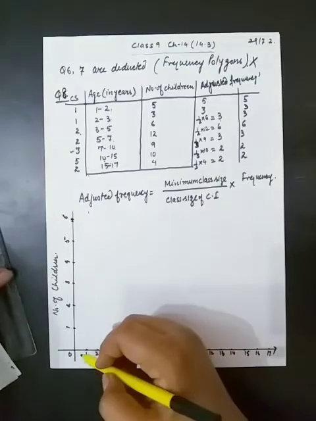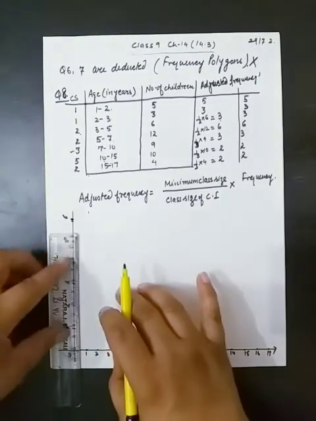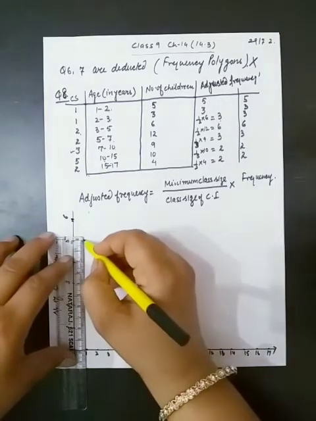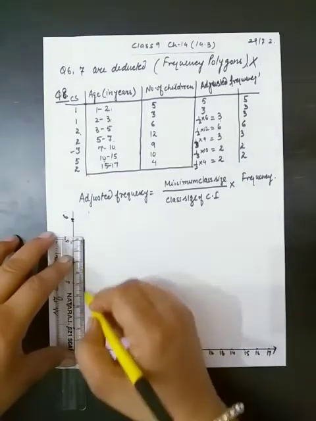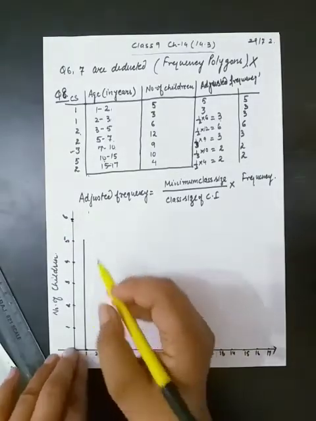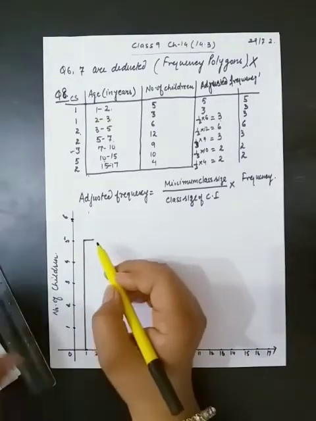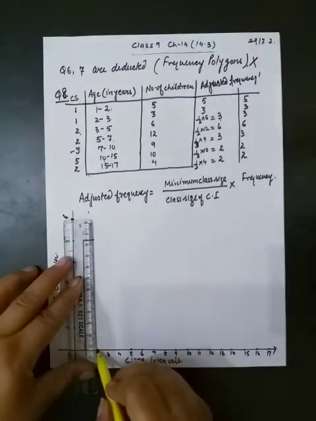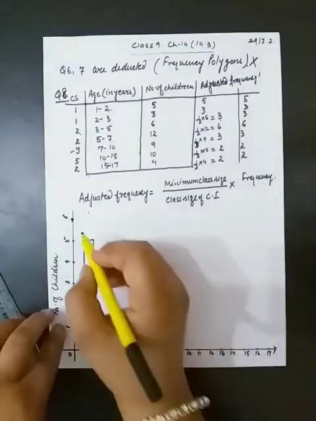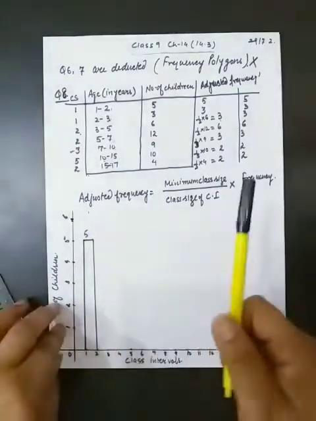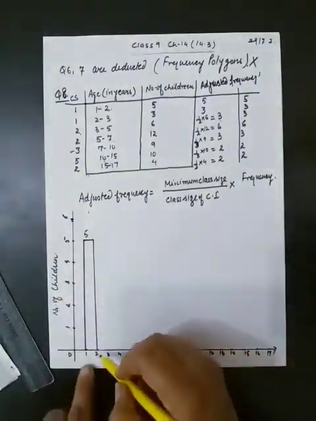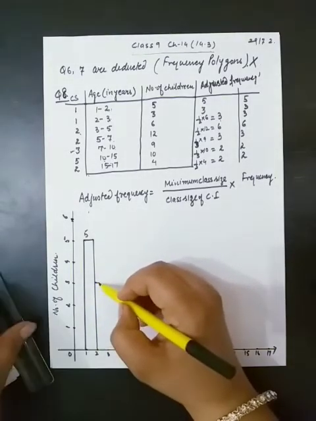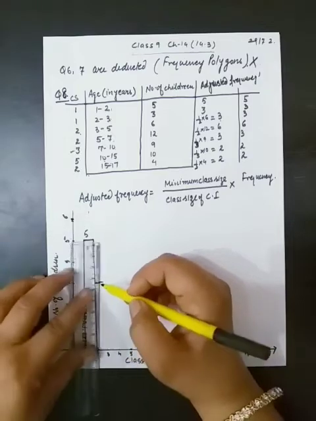First interval, the frequency for the first is 5 and join it with 2. So this is for the first interval 1 to 2, the frequency is 5. Now next interval is 2 to 3, and the frequency is 3. So we can join it like this.